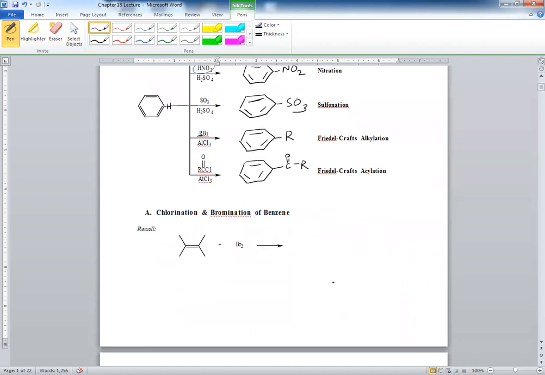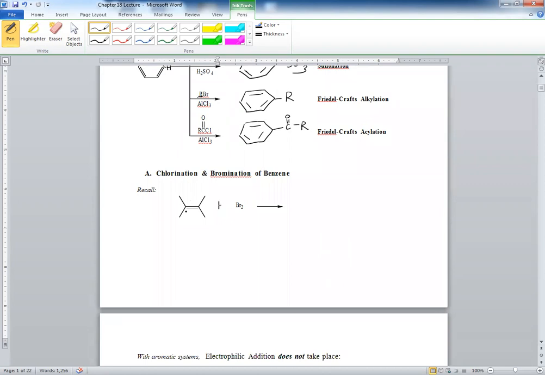So quickly, going back, recall from your alkene chapter, that was chapter 10 from organic chemistry 1. This reaction took place if you added a bromine, and it was a very quick reaction. So you're adding bromine along the double bond here, and you would get the following.